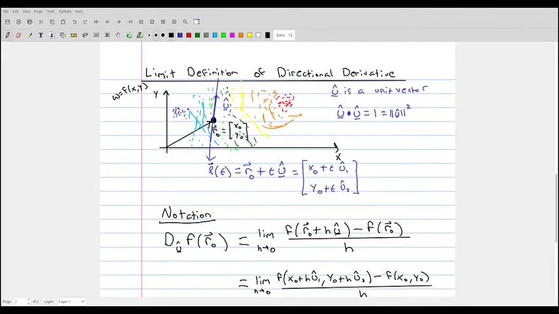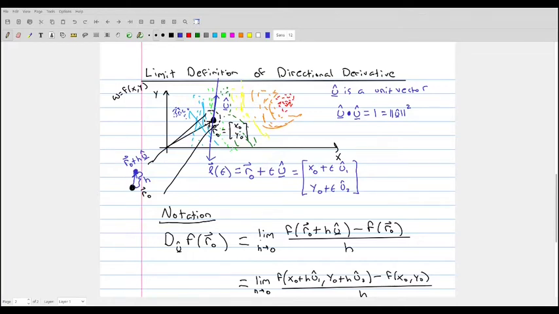So what is this saying? Well, let's zoom in around this point r0 and try to show an interpretation of what this is saying. If this is r0 right here, and we go a very tiny distance away from r0, to this point right here, which is r0 plus h times u hat, this distance, if u hat is a unit vector, is going to be h.